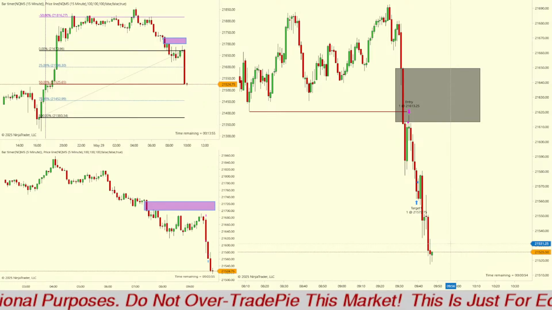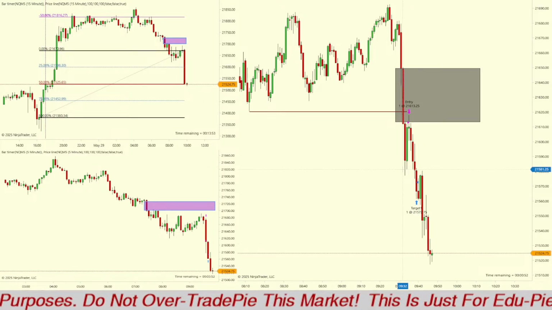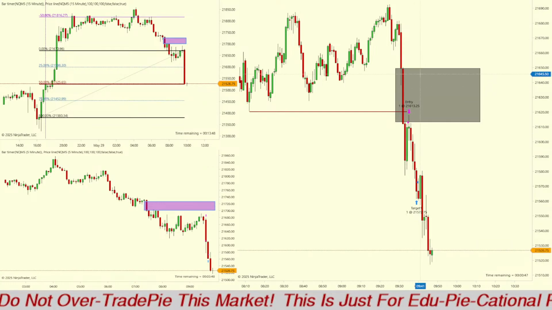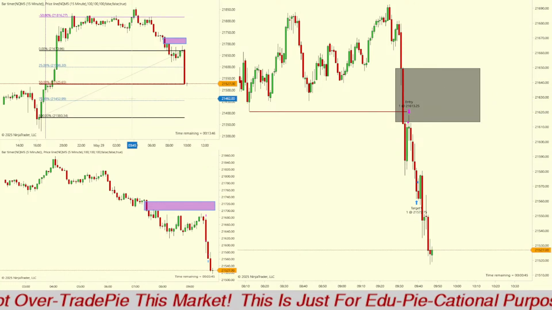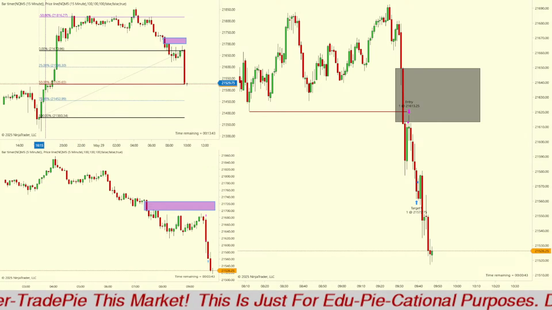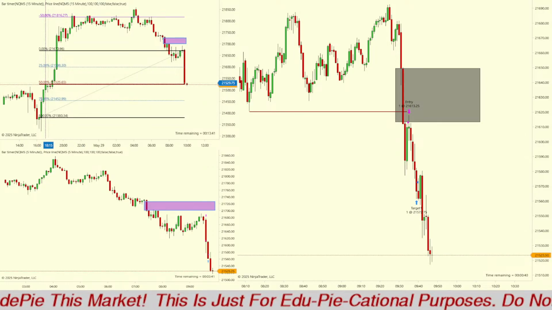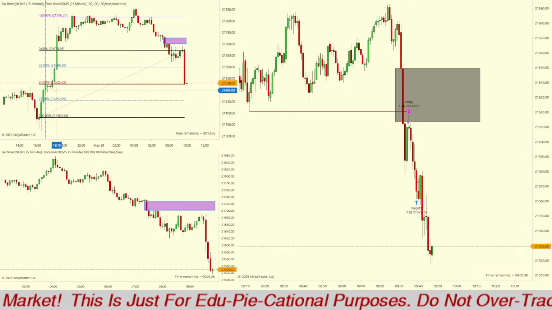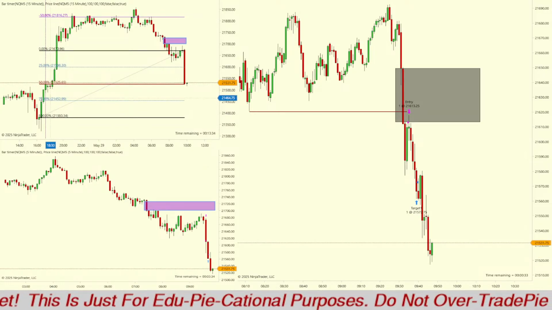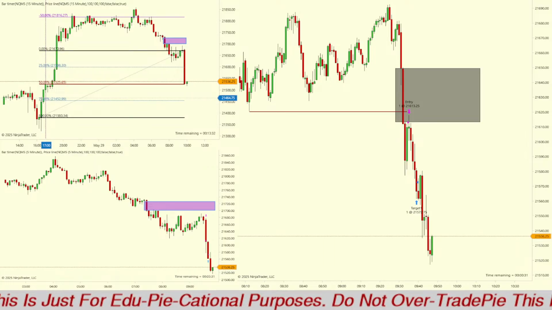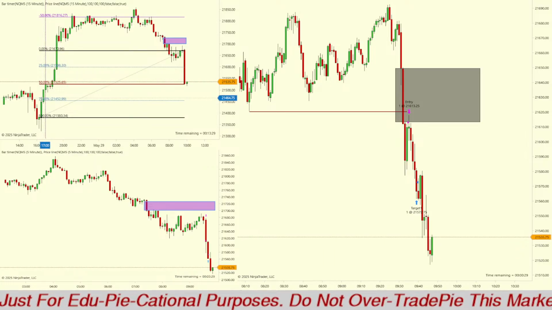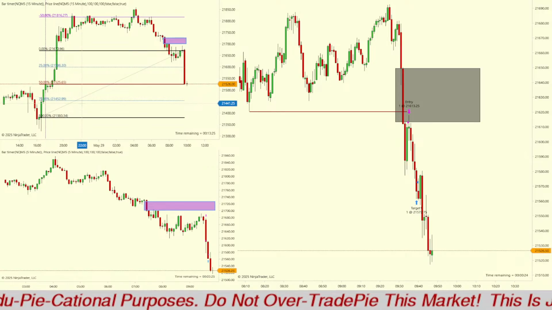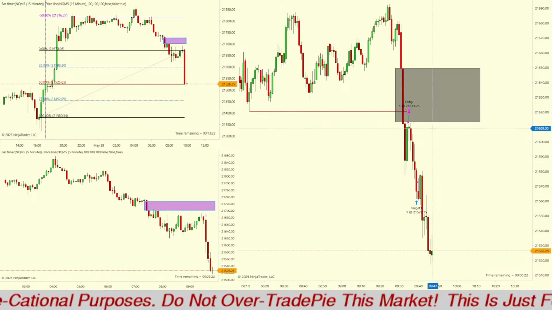And you can see the ICT 2024 model is formed exactly here, from the first presented fair value gap to the 50% level of the open range gap as well as the high of the new day opening gap. And yes, we have a very nice delivery from the first presented fair value gap over here.